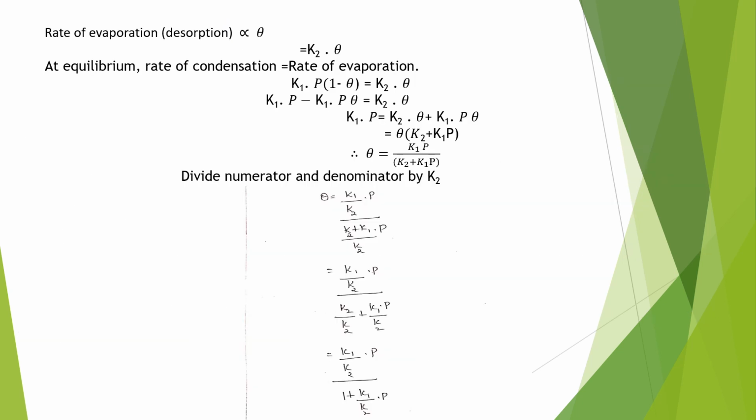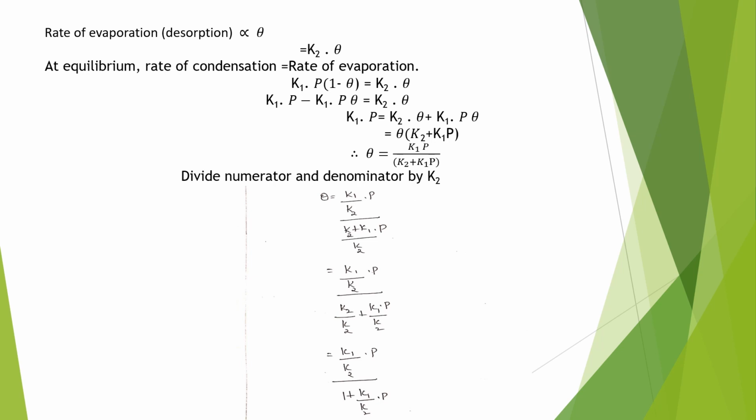Next, the rate of evaporation or desorption is proportional to theta. Theta is the fraction of the surface covered by the adsorbed molecules. If we remove the proportionality, a new constant is taken. It is equal to K2 into theta. We have seen that at equilibrium, the rate of condensation will be equal to the rate of evaporation.